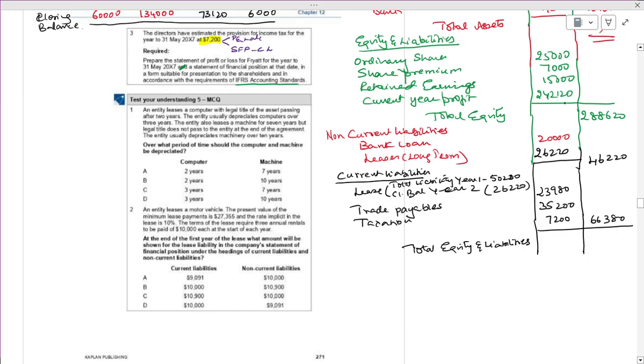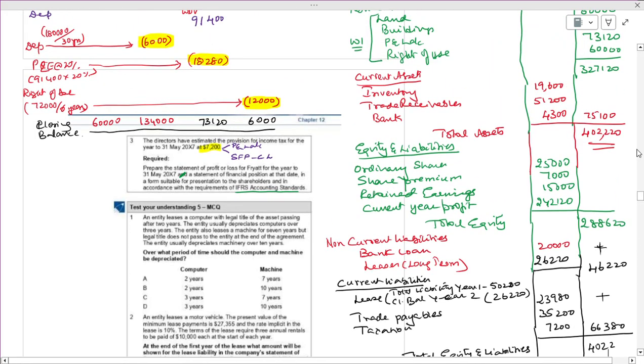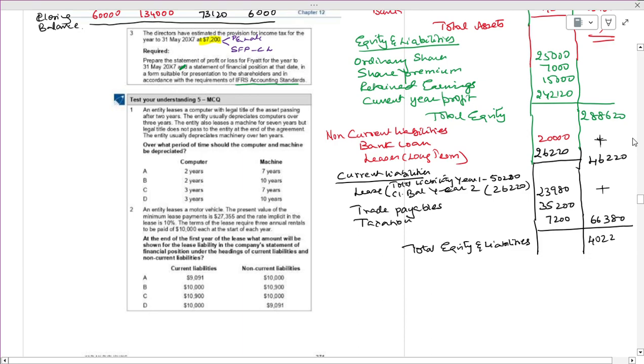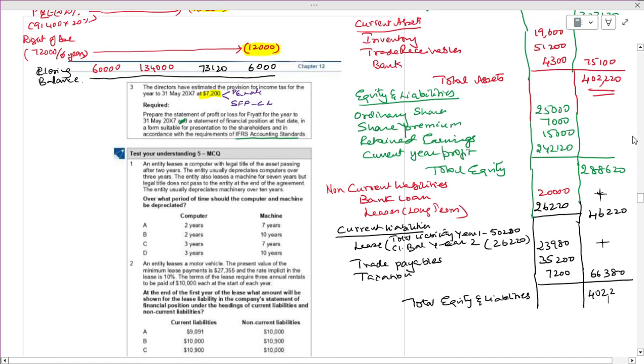Total of these three. 101,220. What is different? 1,000 is showing different.